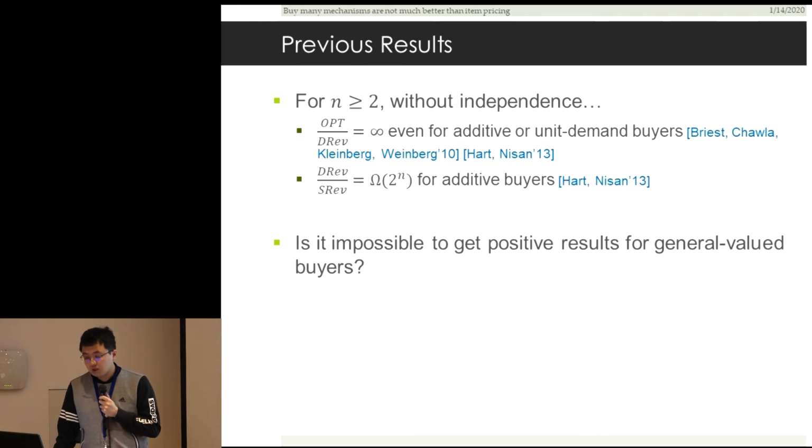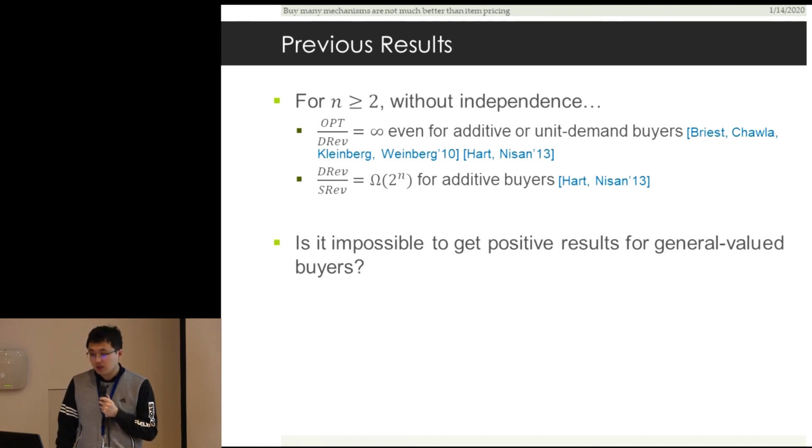On the other hand, if we do not have independence over the values of the items, it has been shown that the revenue gap between optimal revenue and the optimal deterministic revenue can be infinite, even for additive or unit demand buyers. And the revenue gap between the optimal revenue obtained by deterministic mechanisms and item pricing can be exponential in n, even for additive buyers. So is it really impossible to get a positive result for general value buyers?